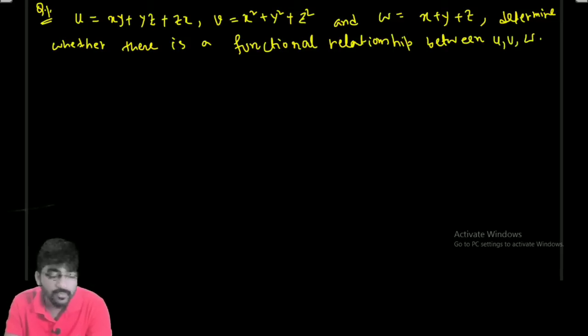What you have to do is first check the Jacobian. If the Jacobian is 0, then you can easily say that there is a functional relationship.